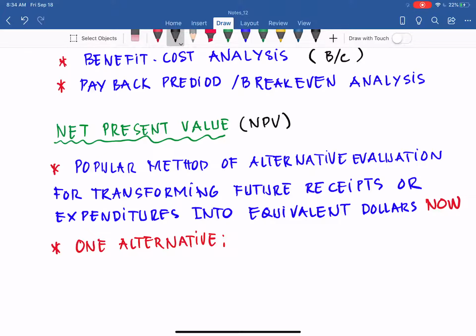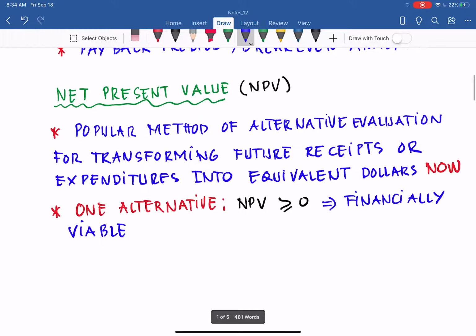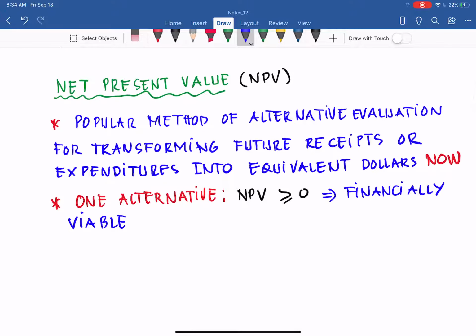So the NPV of that alternative has to be non-negative, so greater than or equal to 0. When NPV is greater than or equal to 0, then we call that alternative financially viable. So that is for one alternative.